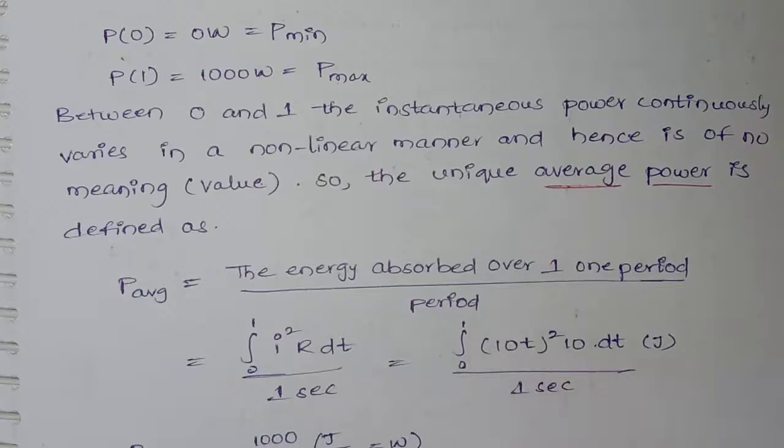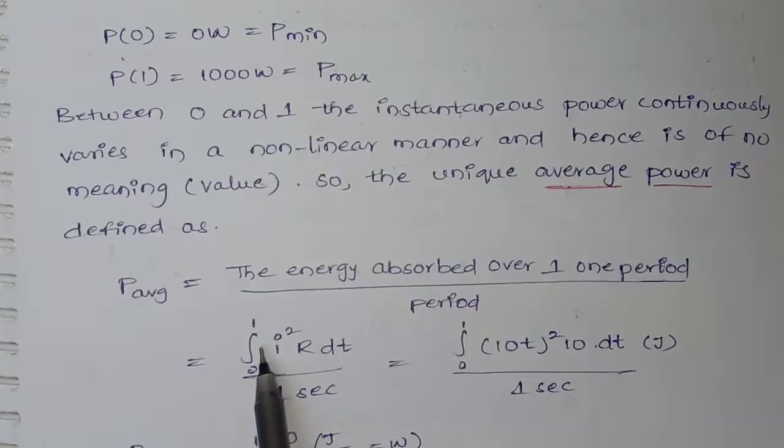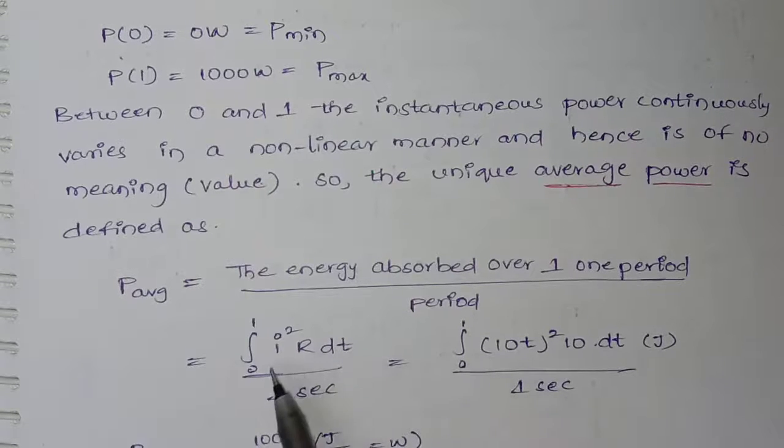In this question the energy is the integration from 0 to 1 seconds of I square into R dt, divided by the time period, which is 1 second. If I substitute the I value in this equation, we get the integration from 0 to 1 of (10t) whole square into 10 dt, divided by 1 second.